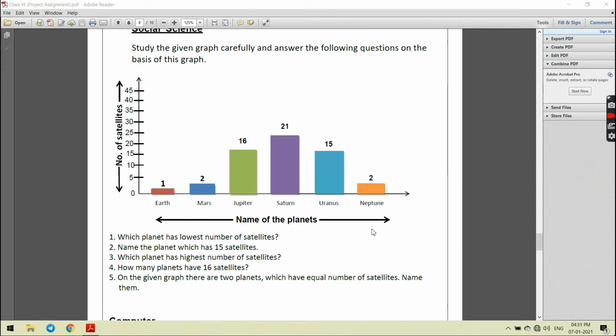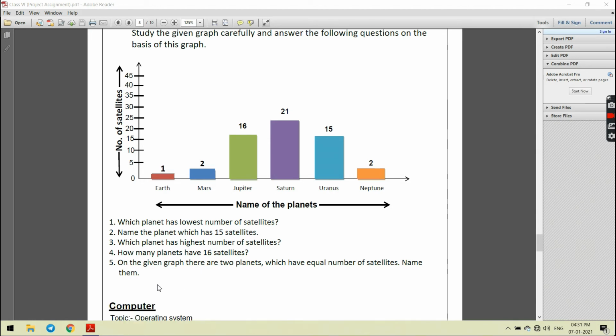Studying this graph, you are asked which planet has lowest number of satellites, name of the planet which has 15 satellites, which planet has highest number of satellites, how many planets have 16 satellites, and the last question is, on the given graph there are 2 planets which have equal number of satellites, name them.